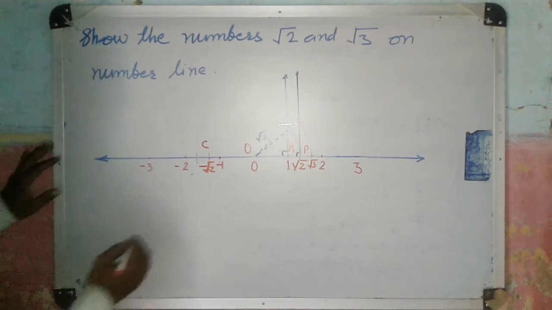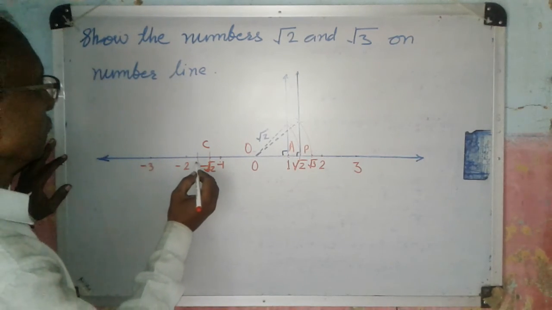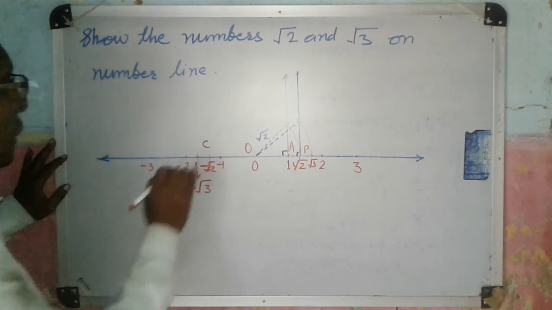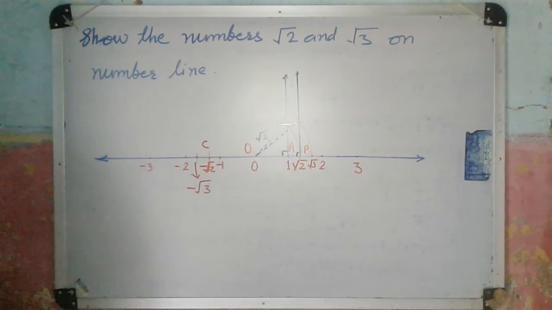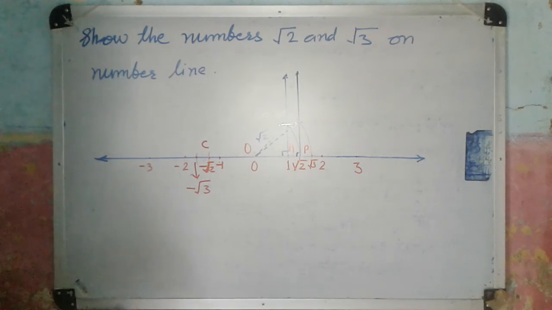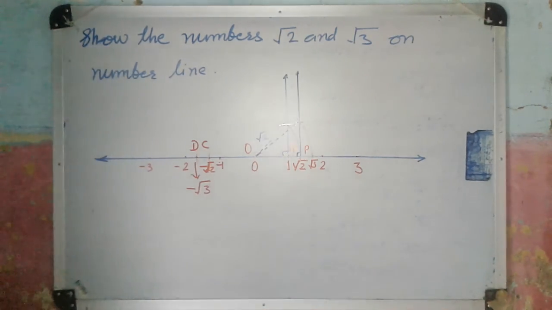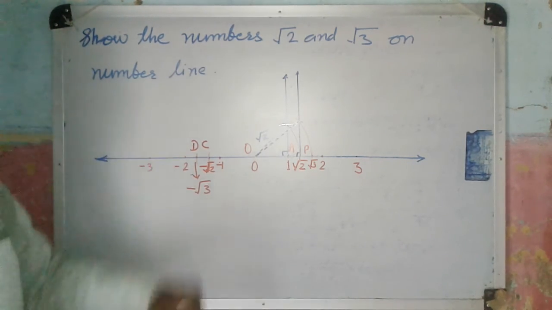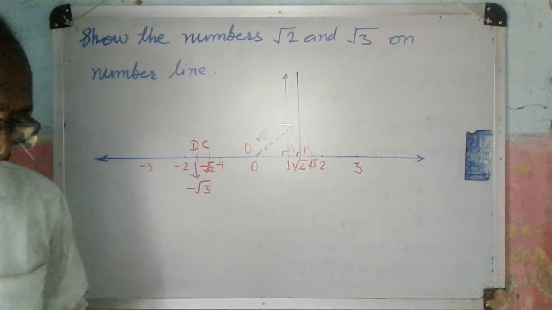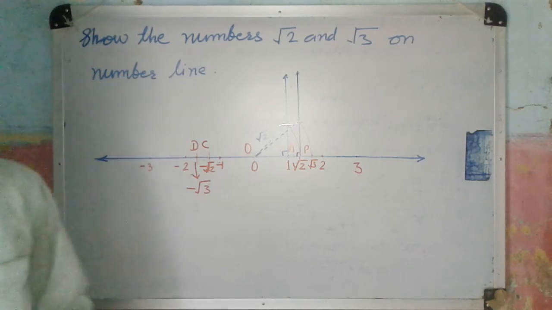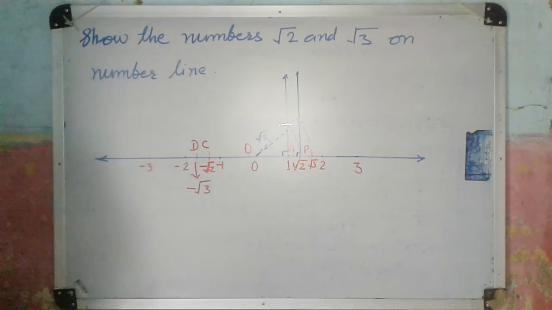So here is minus root 3, and suppose this point is B. So in this way you can show root 2, root 3, root 5 and so on the number line. Already you are studying this method in 8th standard.